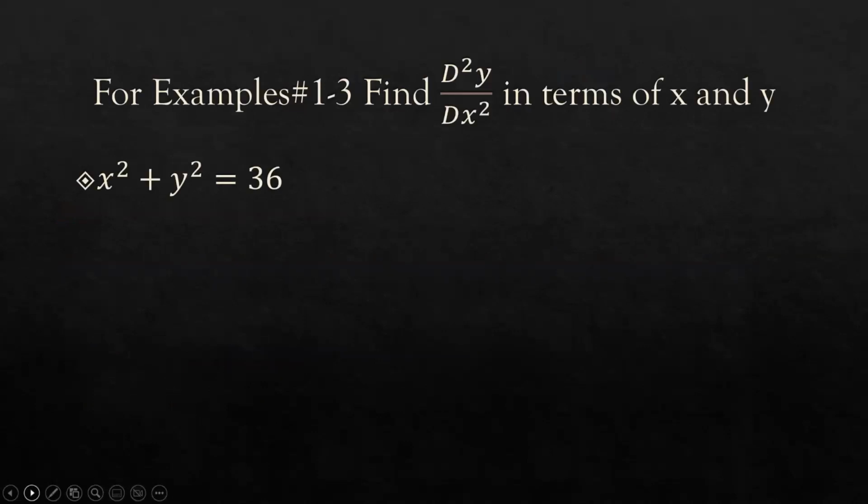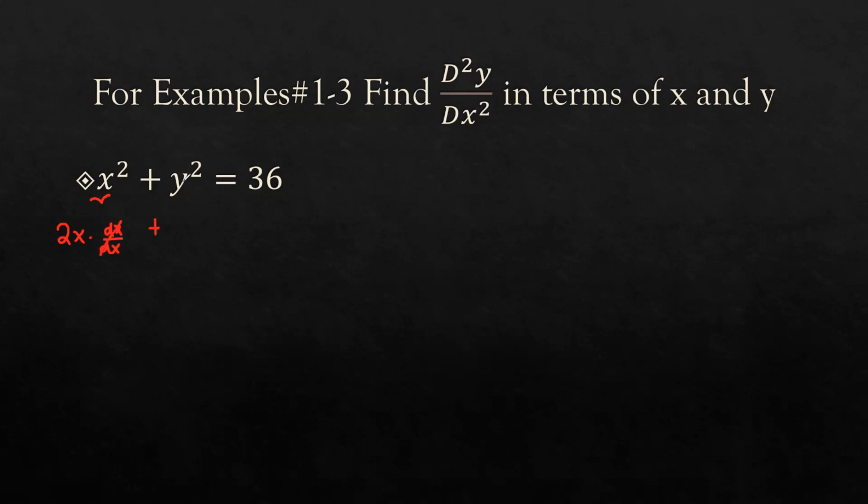For example, find d squared y over dx squared in terms of x and y. Okay, so let's start with example 1. What's the derivative of x squared implicitly? It would be 2x, and you do have the option of putting dx over dx, but this becomes 1, so you don't really have to.